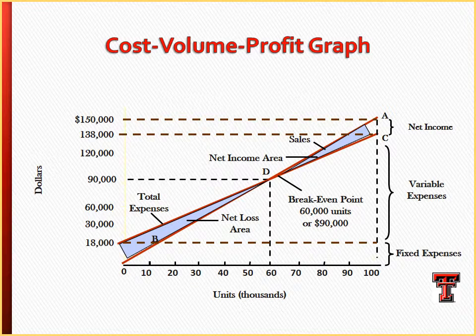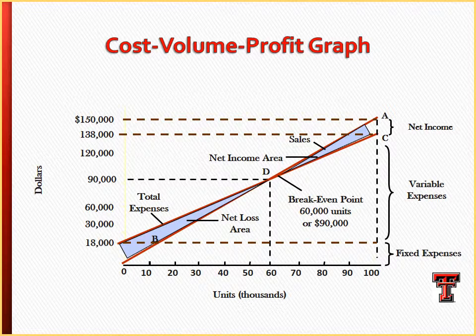And we also said that we could identify the total cost as being a minimum of 18,000, but increasing steadily from that point. You see the line marked total expenses, increasing steadily as production and sales increase.